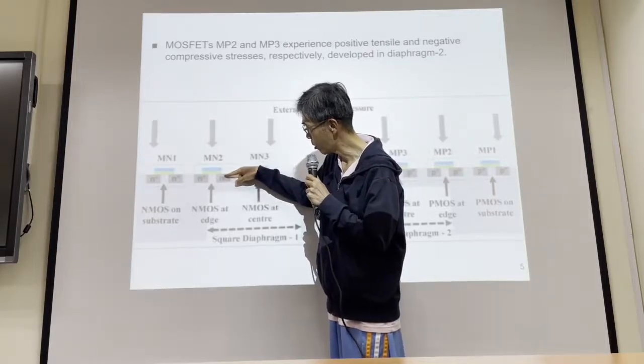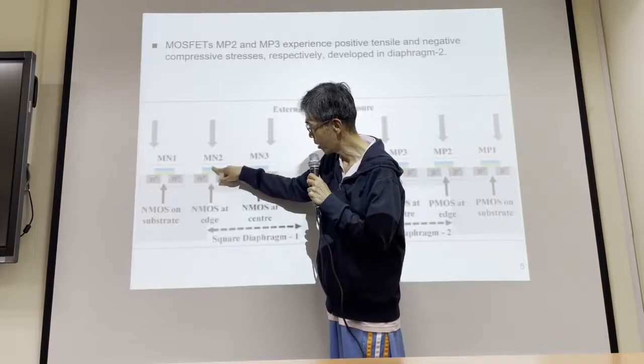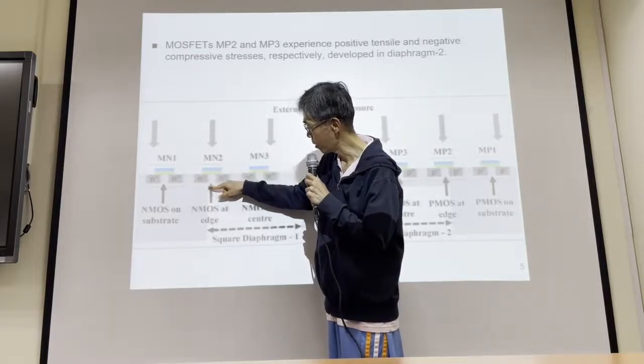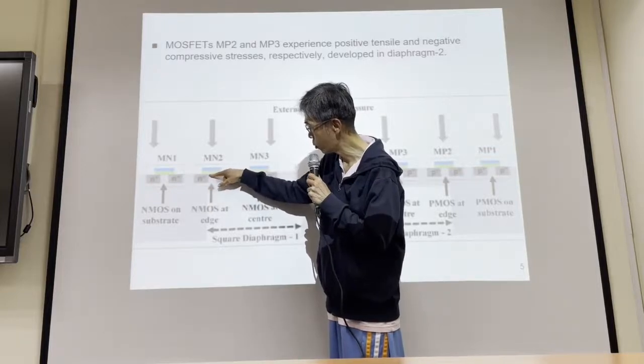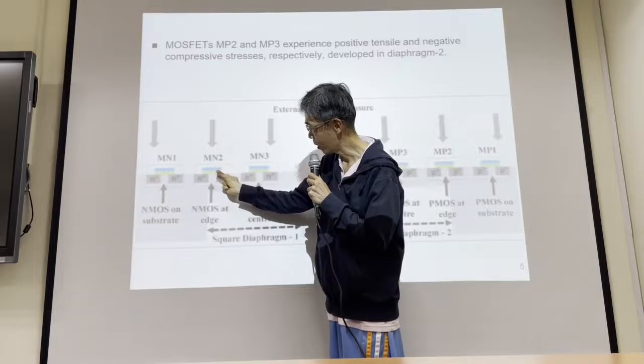So you can imagine current goes this way. So D, drain, source, gate. So the current IDS is influenced by the mobility mu, the length L, and the width W.